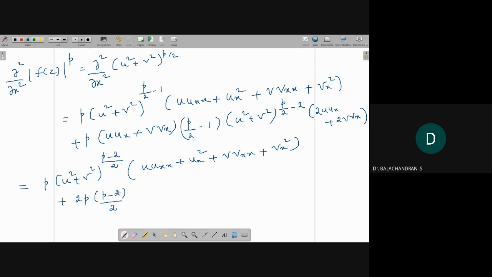So that is ux plus vvx whole square, because I already took 2 commonly. Okay, into u square plus v square whole power p minus 4 by 2.